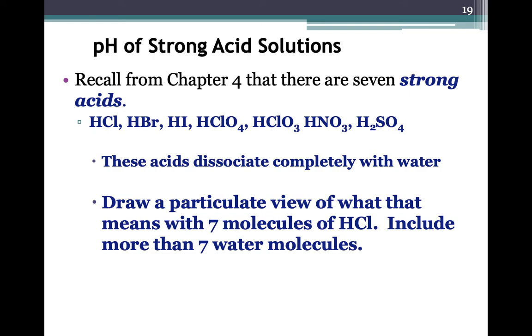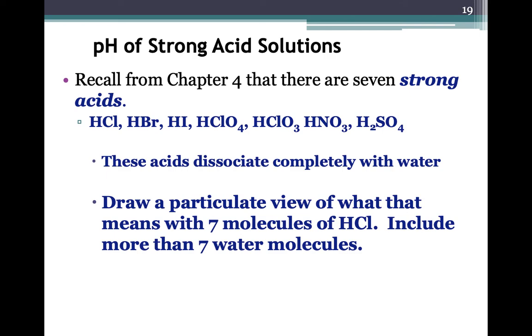Oh, here it is. In Chapter 7, we were told that there are 7 strong acids. You need to remember these. These completely dissociate in water, and they will have a pH that is well below 7, depending on their concentration.